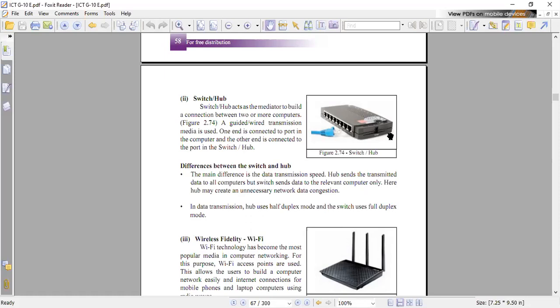Even though both look the same, there are some differences. Draw a table like this. This side you write hub.